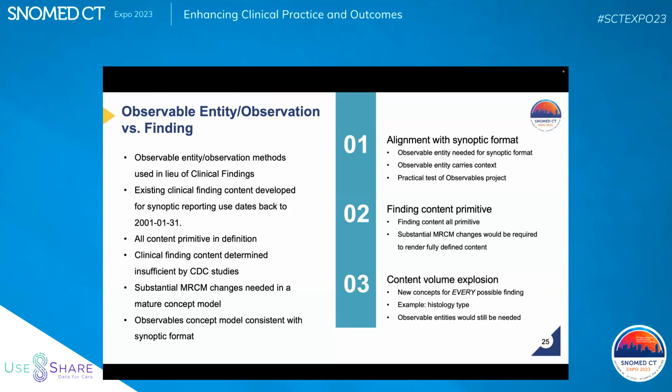One, it fit the use case. Two, it was novel, and at the time, the observables needed a tangible use case to really test it. And three, we were going to need to do something with the machine readable concept model, one or the other, to address it.